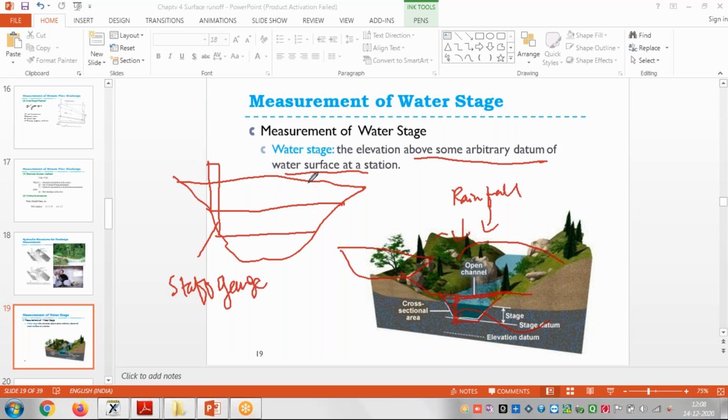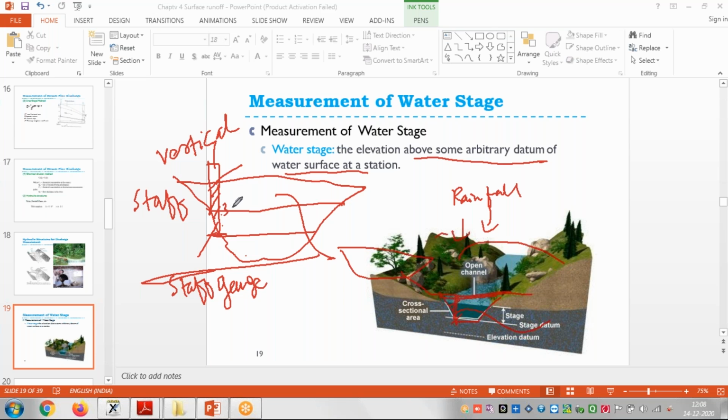So this discharge cannot be measured just by going there. What we do is fix some height, that is the staff gauge, or this is called a vertical staff, right? And we just measure the height from here, the total height. Suppose there is some fixed height from mean sea level.